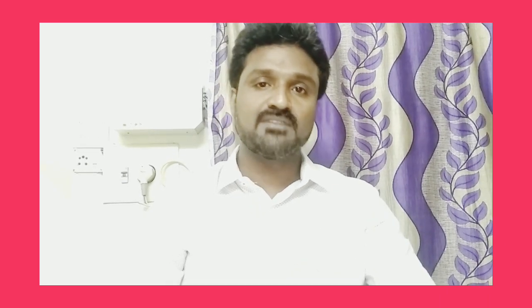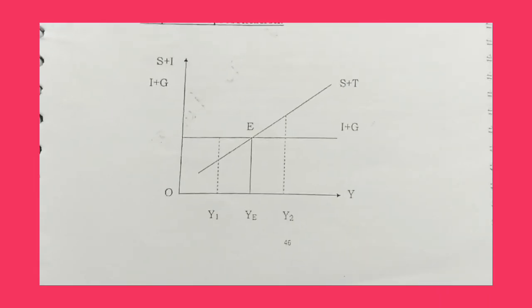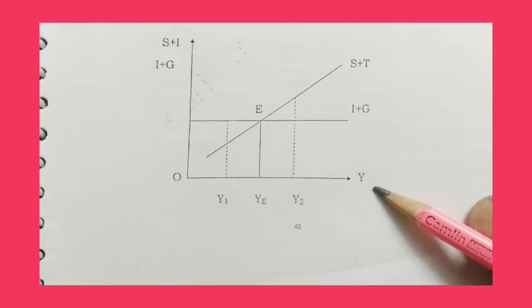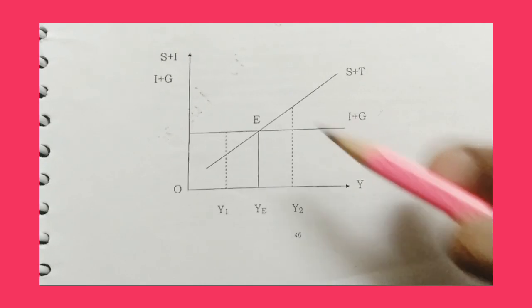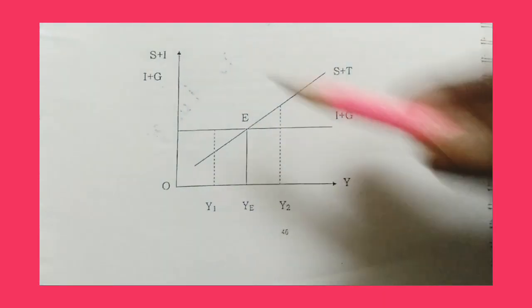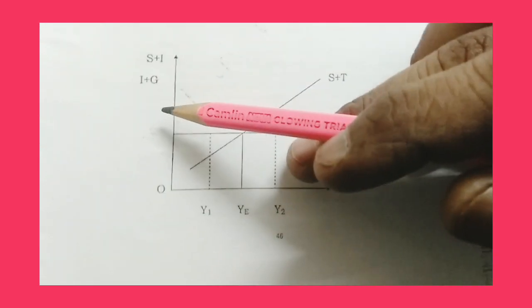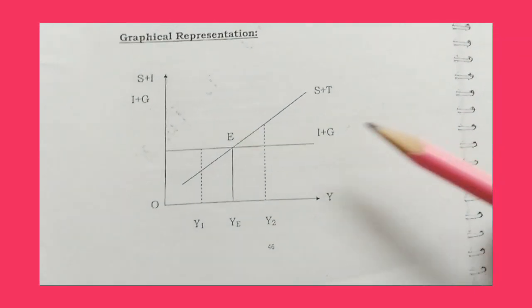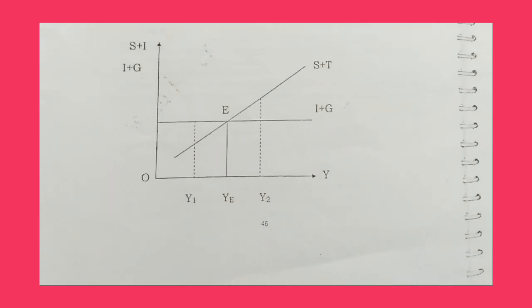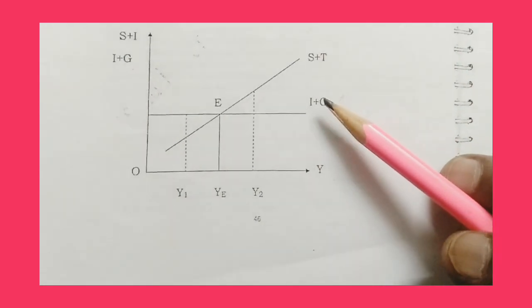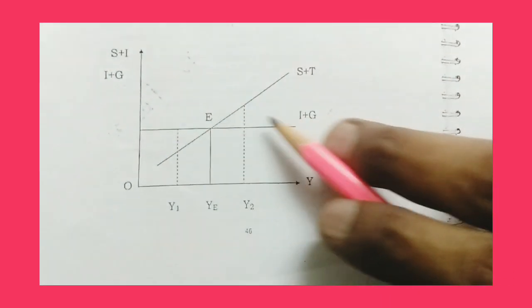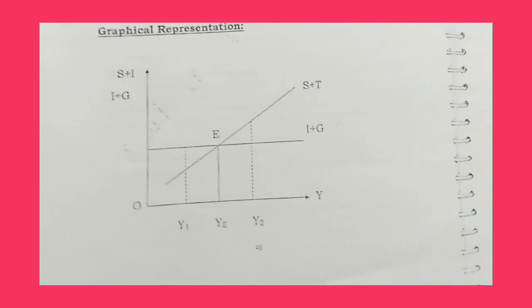This can be explained with the help of a diagram. In this diagram, income is measured on the x-axis, the horizontal axis, and S plus T and I plus G are measured on the vertical axis. Since I plus G are independent of the level of income, the I plus G schedule is a horizontal straight line parallel to the x-axis.